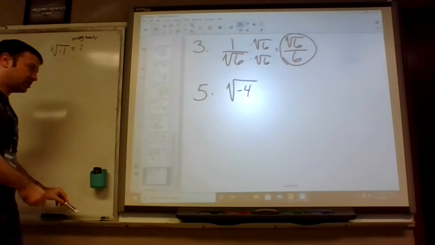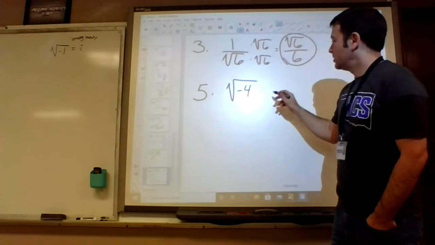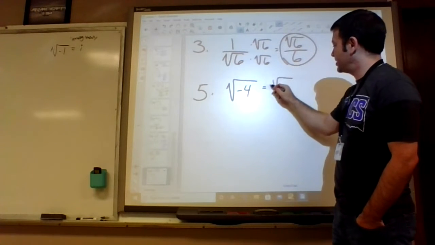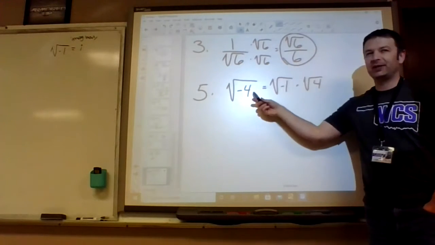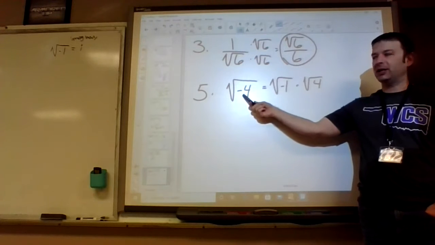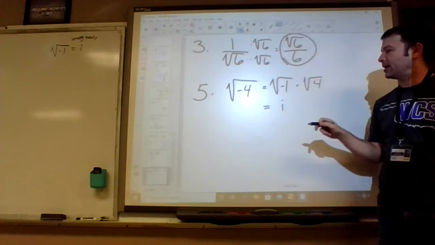Okay, so going back to number 5. Square root of negative 4 is the same thing as square root of negative 1 times square root of 4. You guys get that? Negative 1 times 4 is negative 4. The square root of negative 1 part is just i.